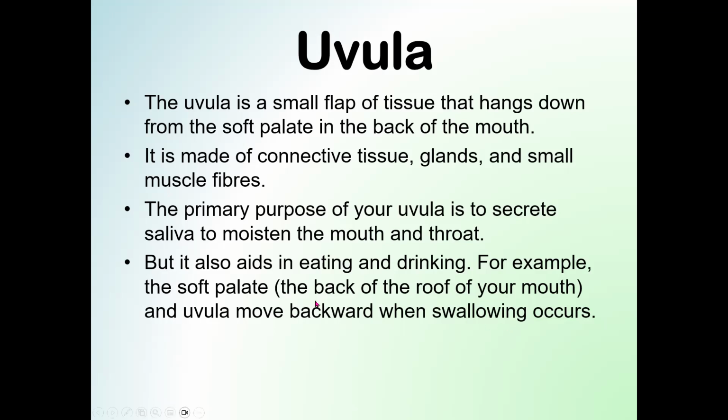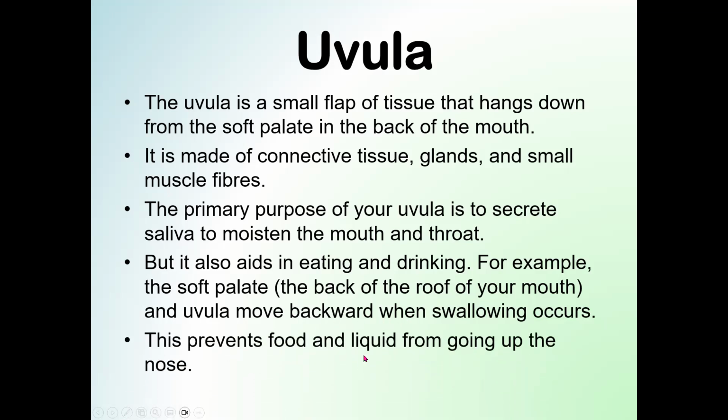Okay, so the uvula is next to the soft palate, just behind there, and it's all part of the swallowing process. It prevents the food going up into the nose, and also prevents the food, or the bolus, going into the lungs.